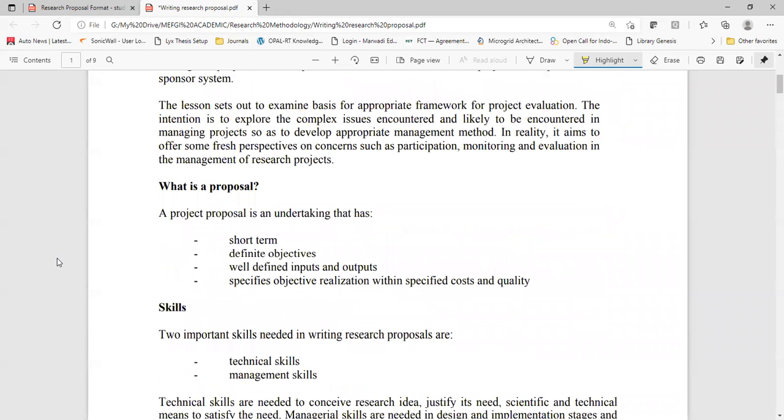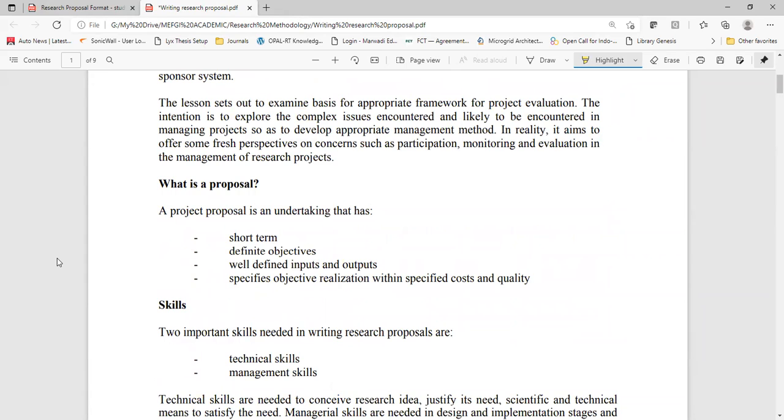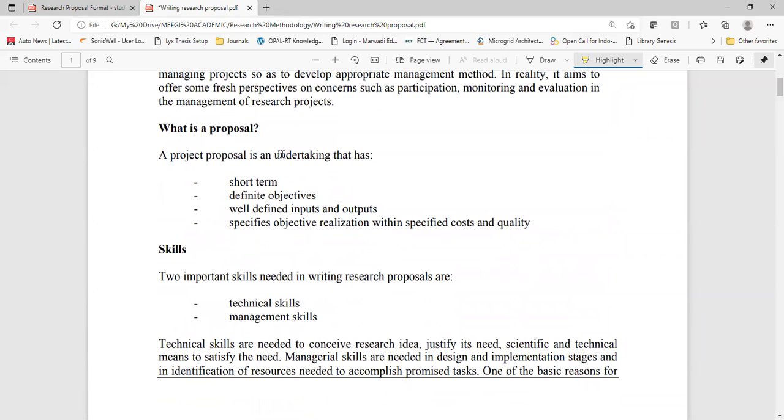So, what is a proposal? It is a kind of undertaking. Undertaking means you have some kind of commitment that I am going to do this work in a given timeline.